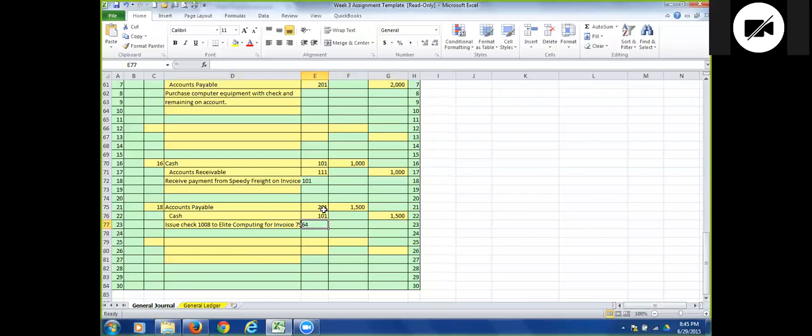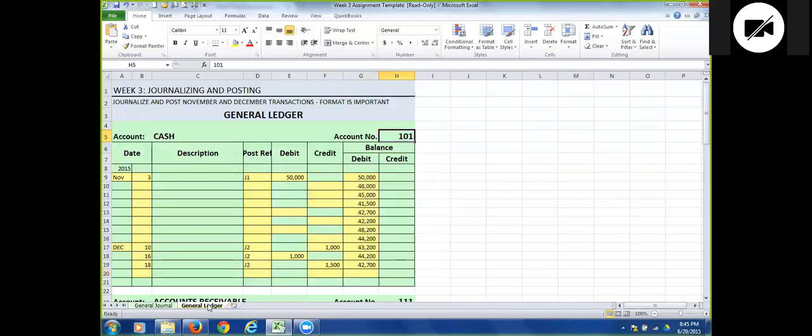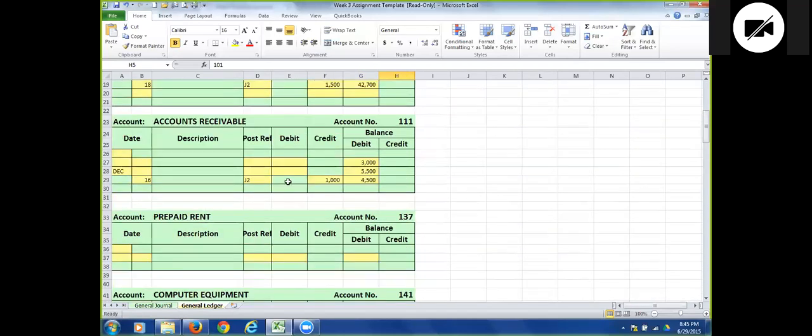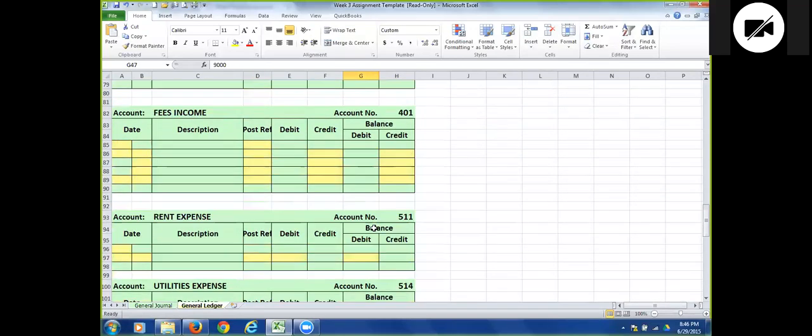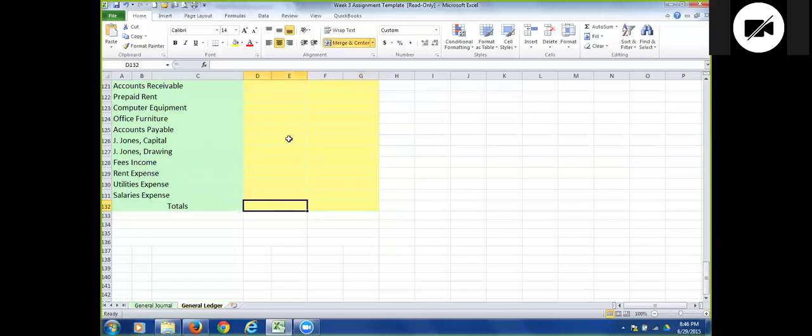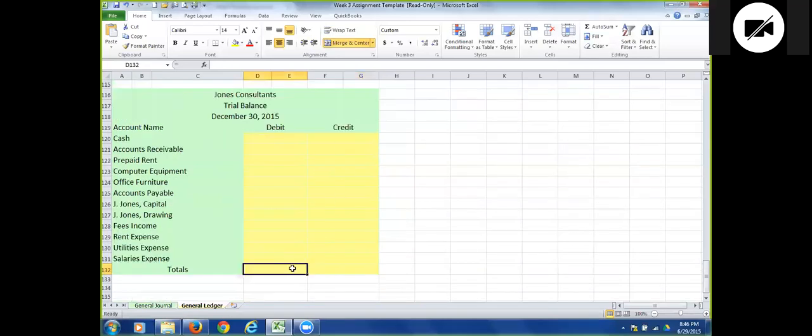So after you do all these journals, after you post them to the ledgers, then your ending balances in each ledger account, you want to put down here in the trial balance. And then at the end of this, your debits should equal your credits.